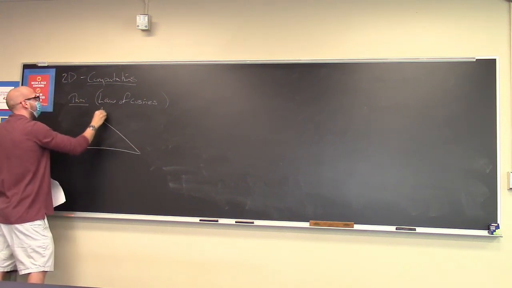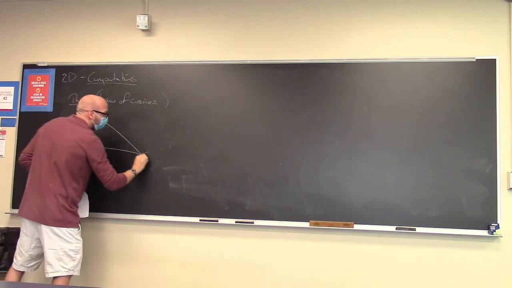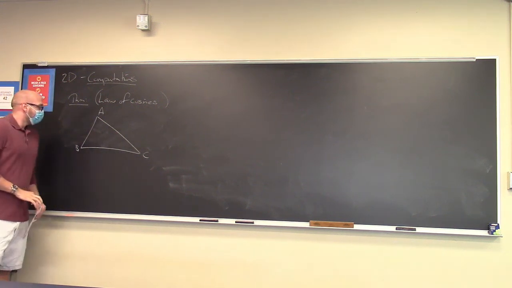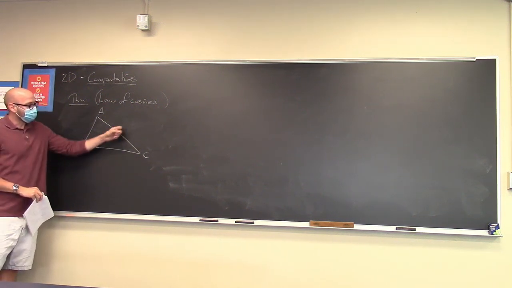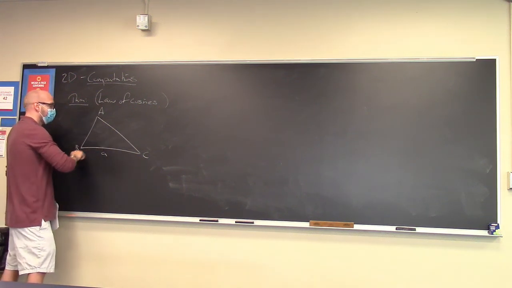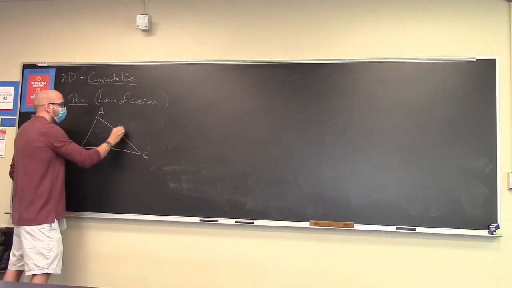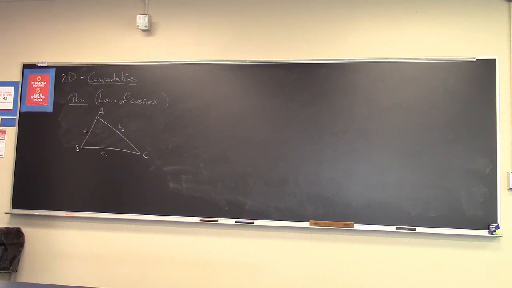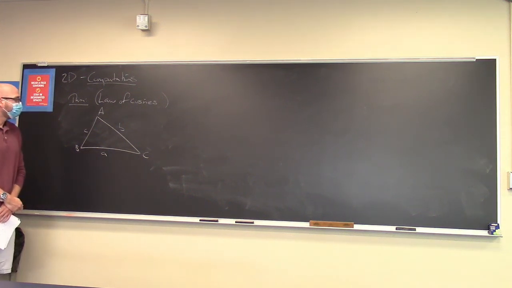which is if I have a triangle, it doesn't have to be right or anything, just a triangle ABC. If we label the side lengths of the opposite sides as usual, so the side opposite A has length little a, the side opposite B has length little b, the side opposite C has length little c. Then, what does the law of cosines say?